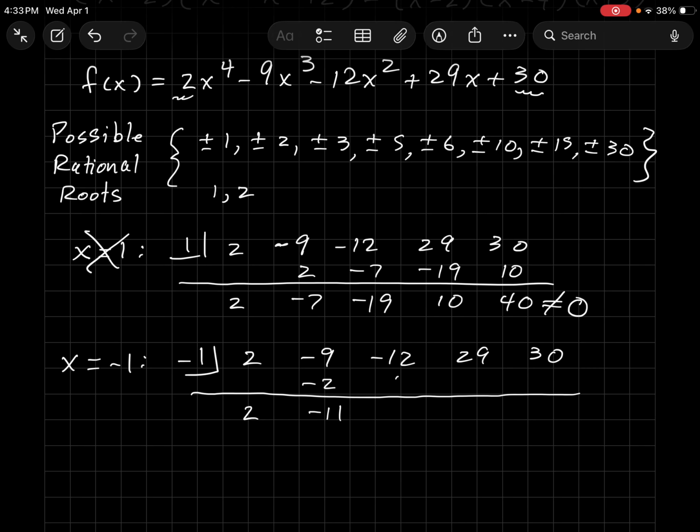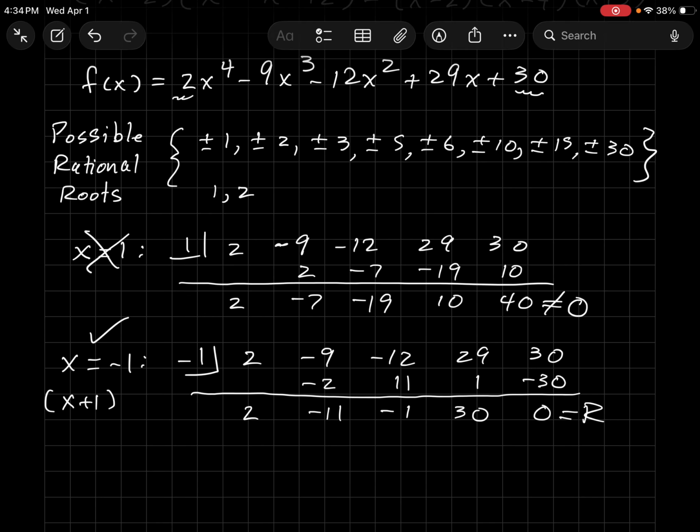Multiply, place it, add. Multiply, place it, add. Multiply, place it, and add. And I see that x equals negative 1 is indeed a solution, which means that x plus 1 is a factor.